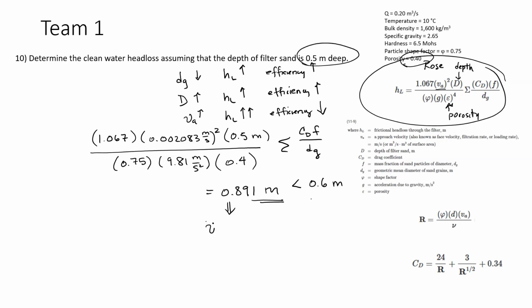We can decrease the approach velocity. We can decrease the depth. We can pick a larger grain size, which will give us a smaller coefficient of drag. And we've talked about the impact on efficiency of all of these factors.